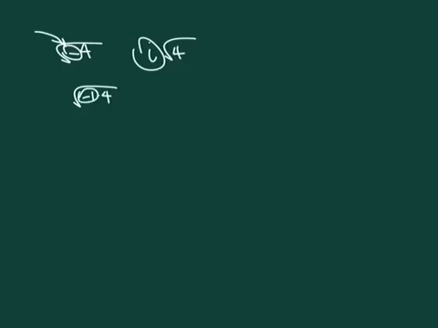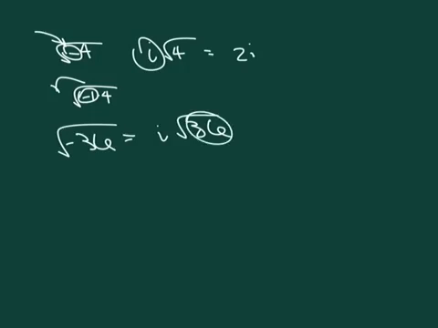So we just took the negative 1, made it into an i, and brought it out there. Then the square root of 4 is 2, so you get 2i. Square root of negative 36, bring an i out, square root of 36 equals 6, stick the i on the end.